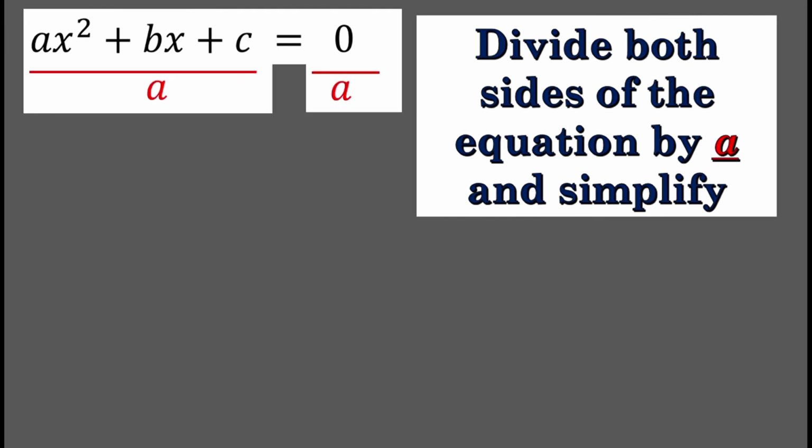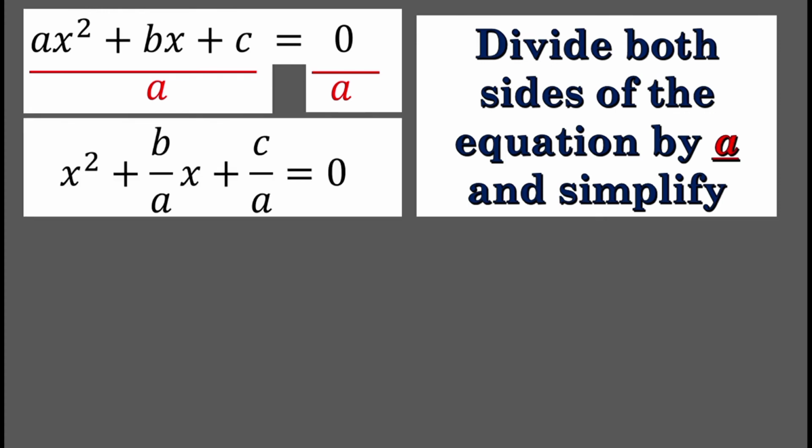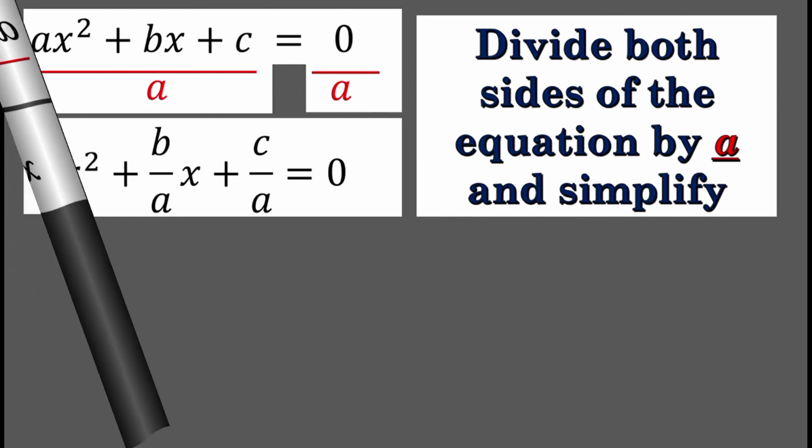So we will divide both sides by a. Ax squared divided by a becomes x squared, while bx divided by a becomes b over ax, while c divided by a is c over a. Of course, 0 divided by a becomes 0.